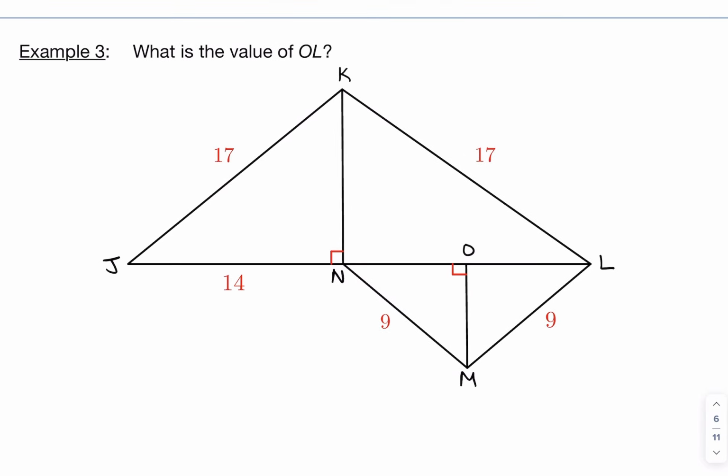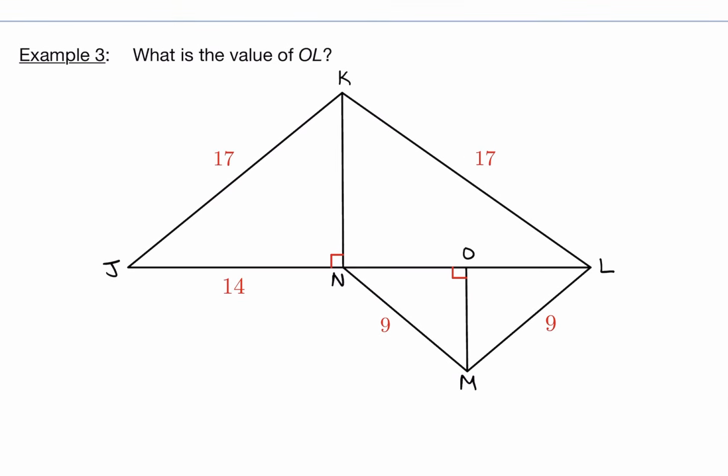Okay, here's a more complicated example, and we're going to see how both the bisector theorem and the converse help us solve this particular problem. Okay, so first let's take a look at this larger triangle, triangle KJL.